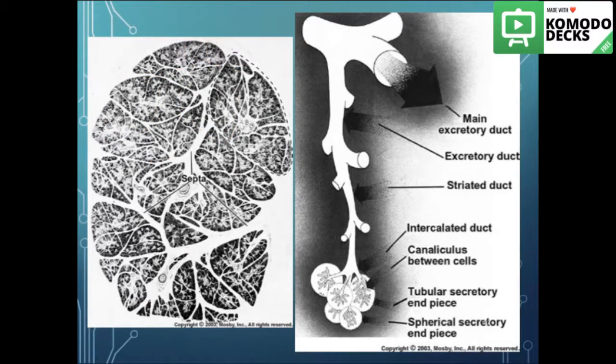You can also find cells which encircle the lobules, we will talk about later. And the duct system, which is the intercalated and striated ducts inside the lobules, and the excretory ducts, which are outside.